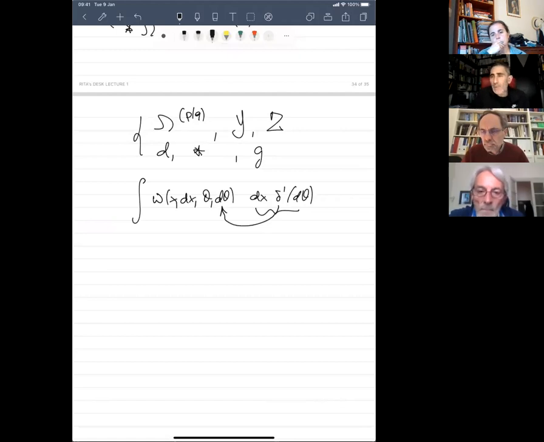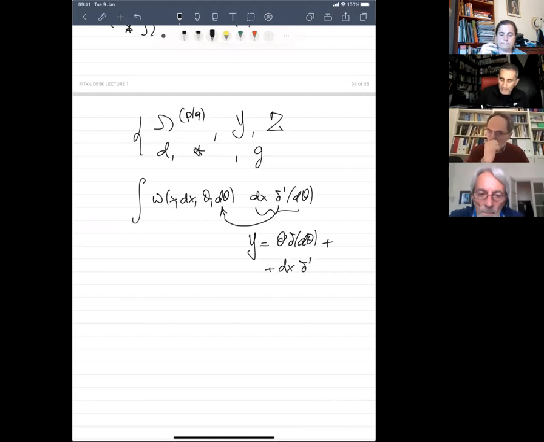However, this derivative delta function plays a very nice role, okay, in some calculations. As I showed you, the picture change operator Y is just theta of delta of d theta. Of course, you can add here something like dx, okay, and then delta prime of d theta. For example, you can easily add these terms, okay, and then you can ask me, well, why did you need these terms, okay?